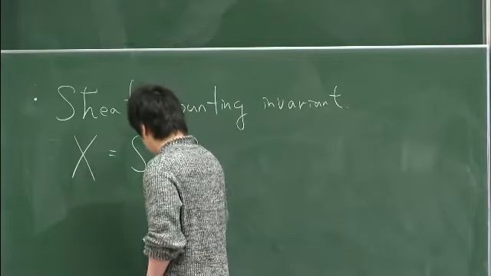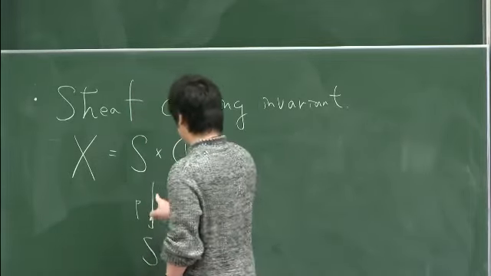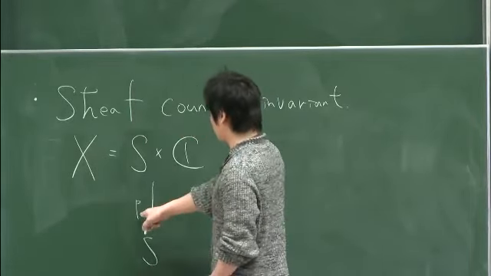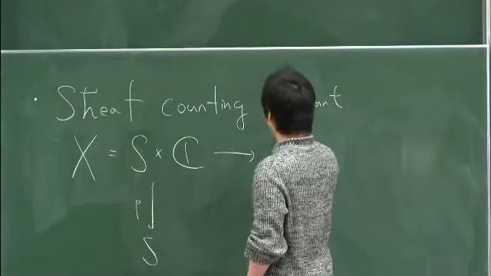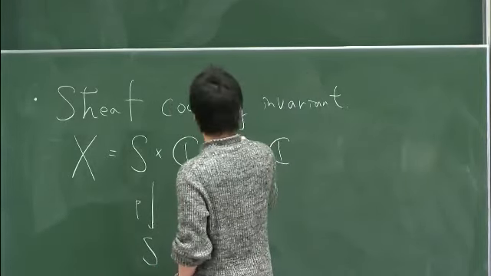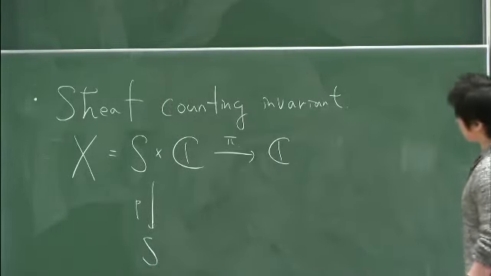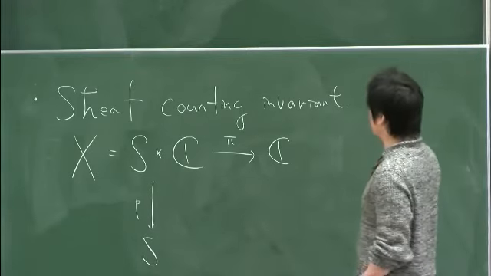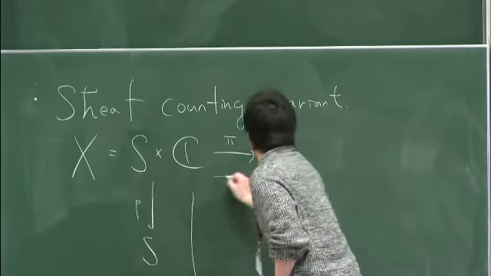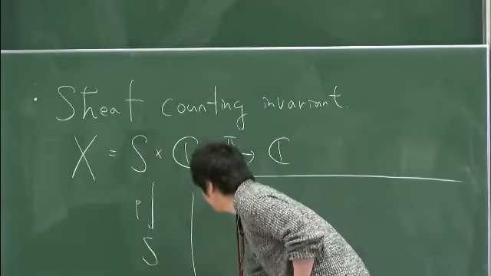The first projection is denoted by small p, and the second projection is denoted by pi, and I have the map of functors.